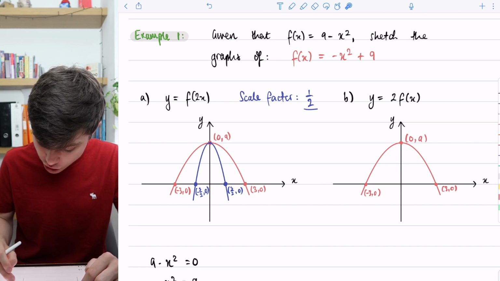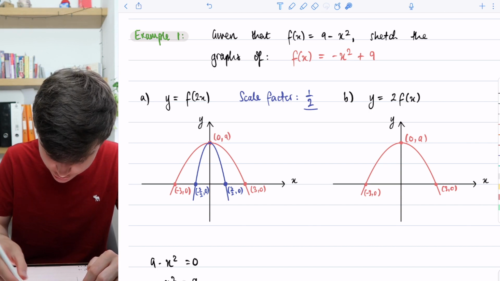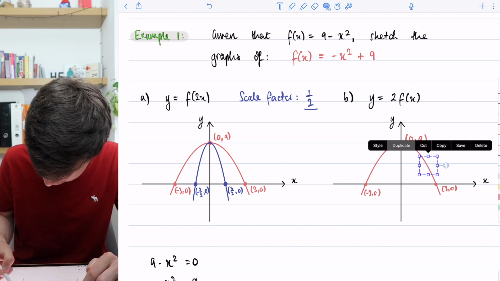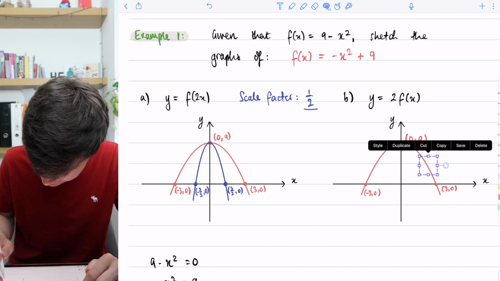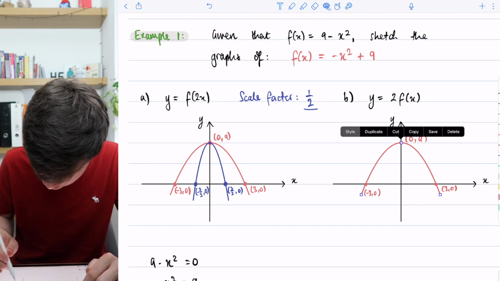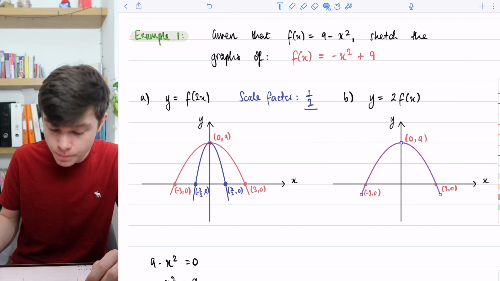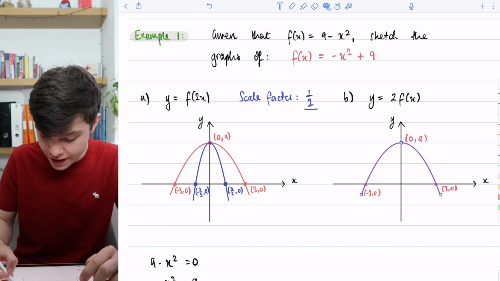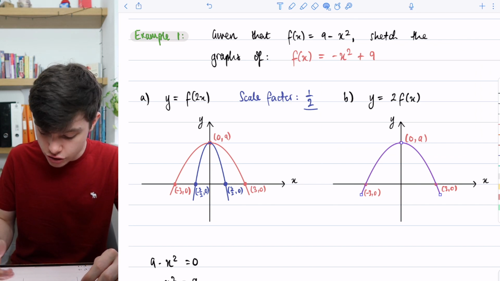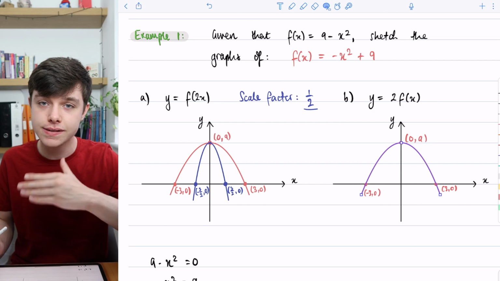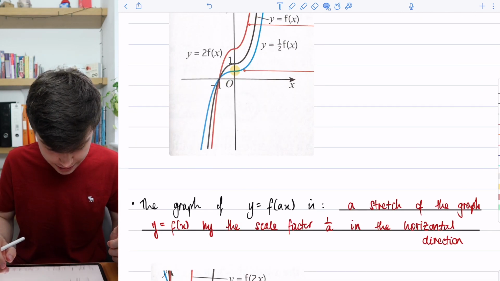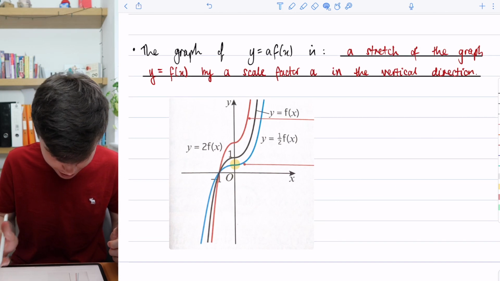Okay? So it's going to look something like this. I'm just going to duplicate this to make it a little bit easier, and I'll make it a different colour. This time let's do it in this nice purple, and it's going to look something like this. It's going to be a vertical stretch, so everything on the x-axis is going to stay the same, just like it did up here, okay?